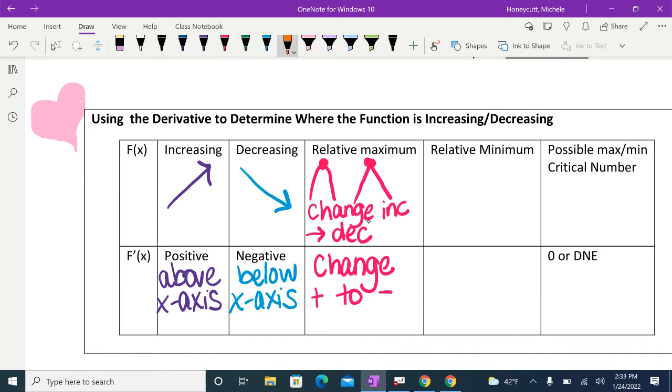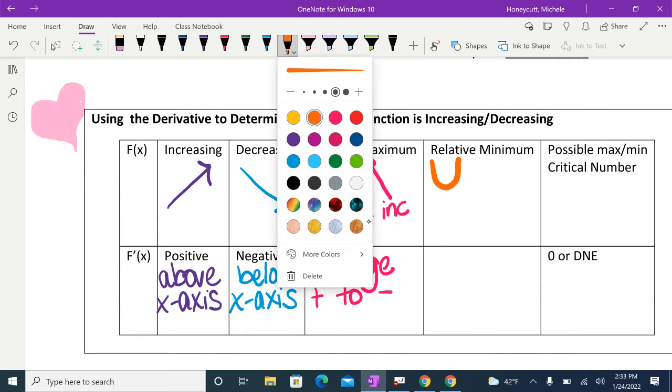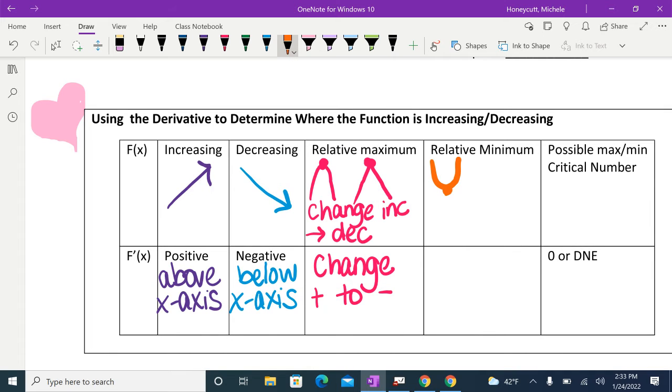And then the reverse is true for the relative minimum. Relative minimums happen at the bottom, or at the bottom of a pointy part, and you'll see the function f change from decreasing to increasing.